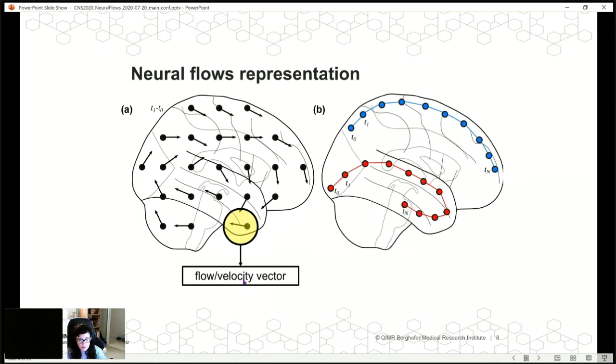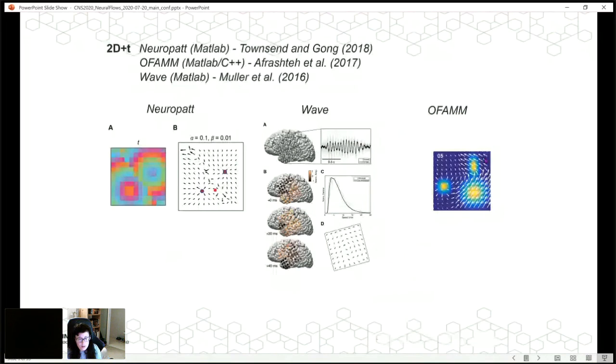The second representation is in terms of activity particles, and you can see that we can track them over time, and we can track the trajectories that they make, paths or functional paths in the brain. And I want to acknowledge that there are some other tools as well that use the same fluid dynamics framework, but they operate in 2 dimensions, or on images that are 2-dimensional and that evolve over time.